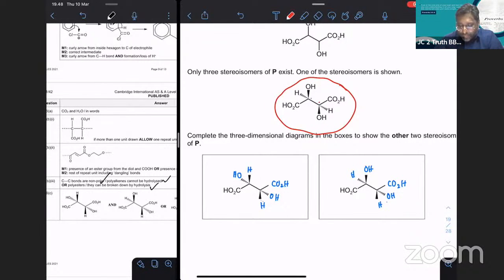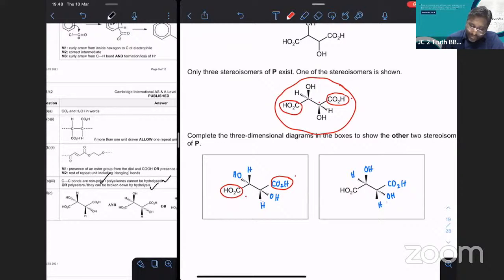If you try to draw the stereoisomer over here, you can see that COOH here, COOH over here. So what I do, I put the COOH over here, as they have given us, and then I know that if I put it, then it's the same as that.